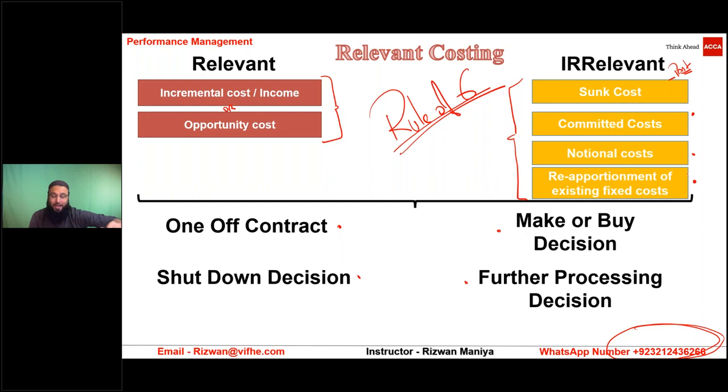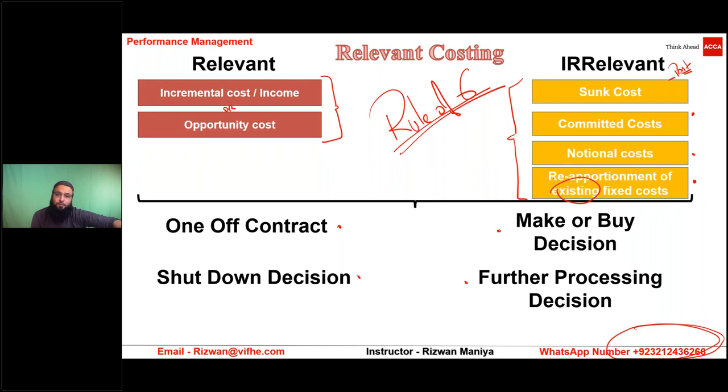Reapportionment of existing fixed cost. Now, the word is very important to keep in mind: existing. The best example for this was the ACCA Hotel question, Q1 fixed cost. We worked out the quarterly fixed cost, right?